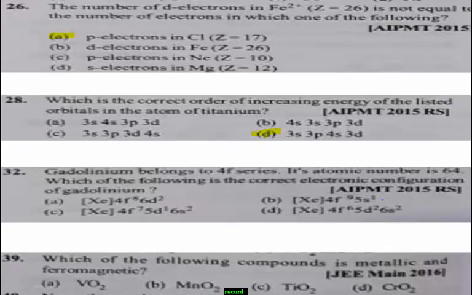Next question number 32. Gadolinium belongs to the 4f series. Its atomic number is 64. Which of the following is the correct electronic configuration of gadolinium? Yes, how do you write the electronic configuration? This is one of the direct questions.